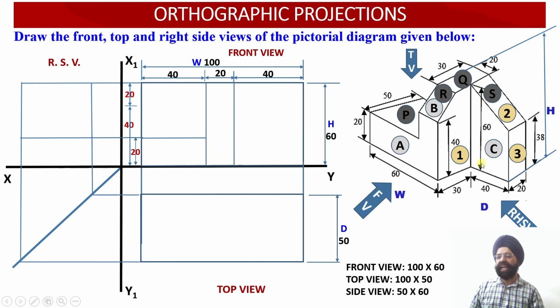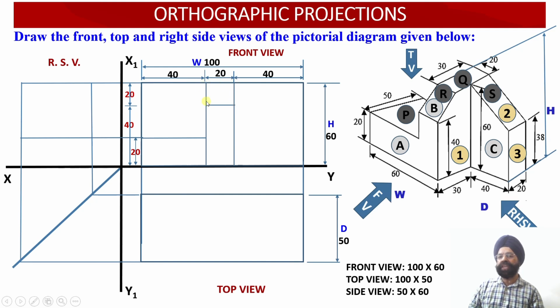That is, there is a rectangular face B over here which is starting at a height of 40 millimeter. So I have started marking this height equal to 40 millimeter. So this is my height of 40 millimeter and this starting point of the surface B has been marked over here.